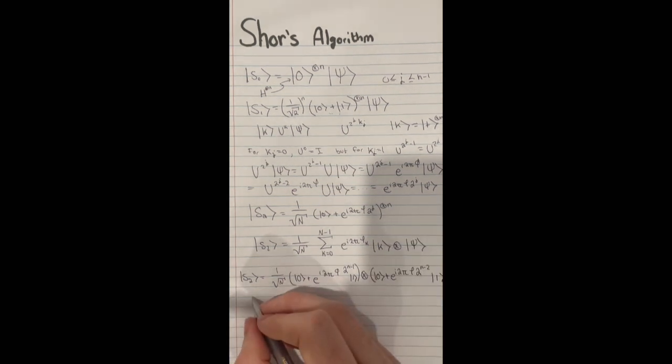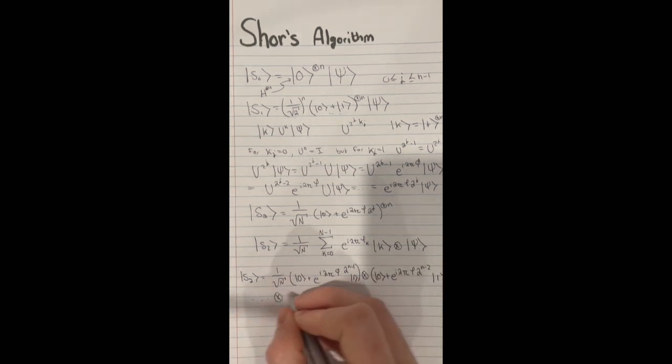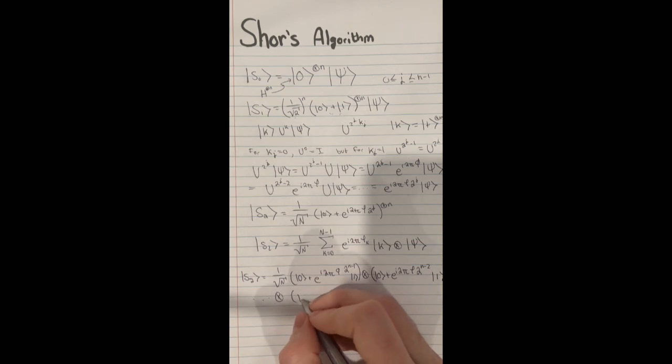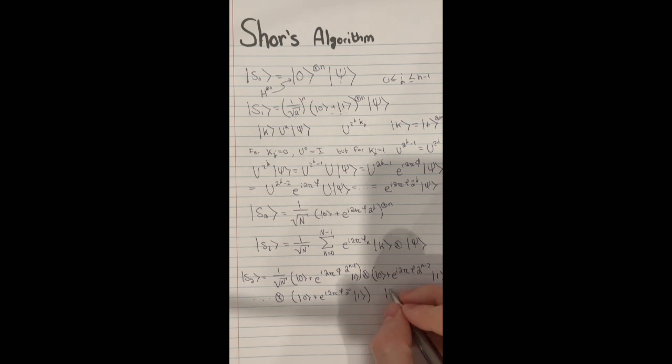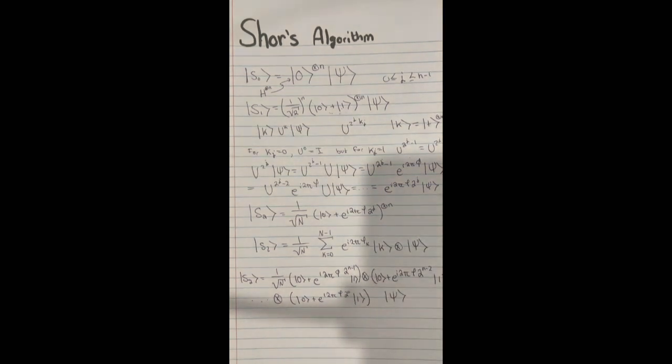And this tensor product will continue until we reach the final expression, 0 plus e^(i 2 pi phi 2^0) on 1, and all of this acting with tensor product with psi.